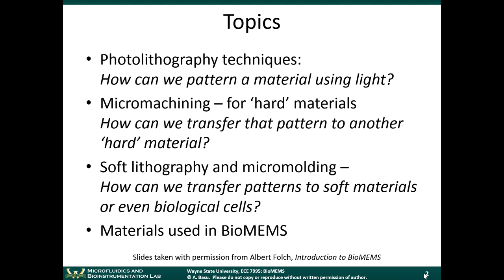Also, materials like plastic are used because plastics are much cheaper to make than traditional silicon and glass-based devices. You know, a glass chip might cost $10 to $50 a piece. A plastic chip would cost maybe around $1 a piece. And there are even cheaper ones than that, I would say.